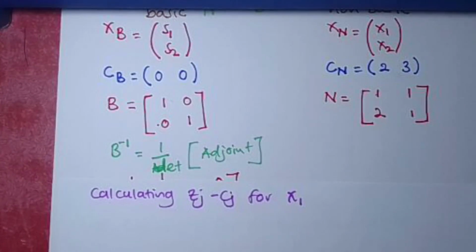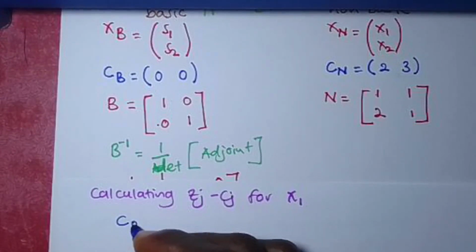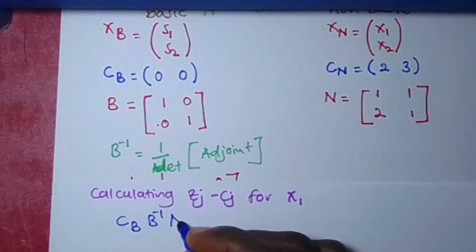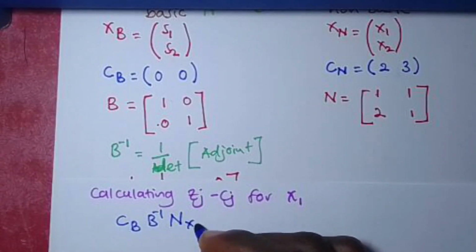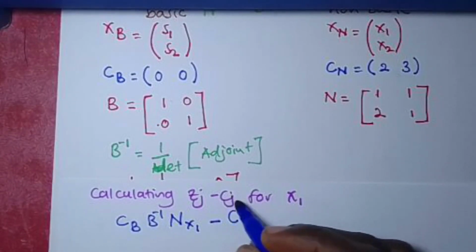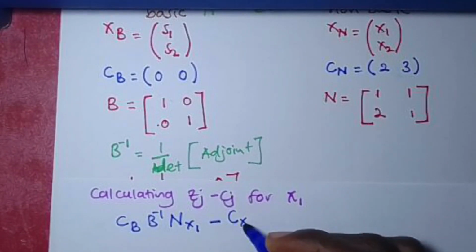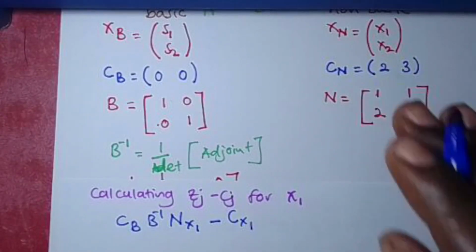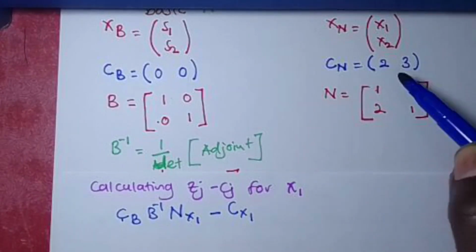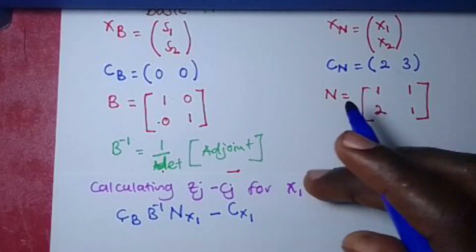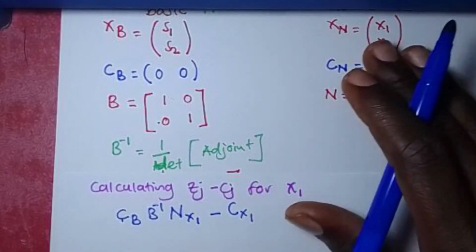From that point, zj is the same as cb b inverse n. Since it is nj, our j is x1, so it will be n x1 minus c x1. Using that same knowledge, we shall get the cb set, the b inverse set, the n for x1, and the c coefficient of x1.